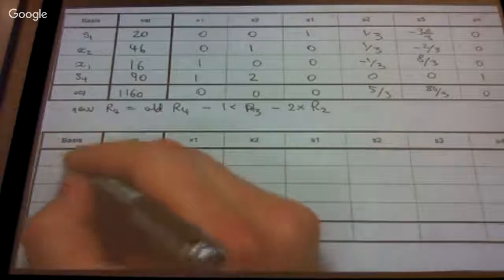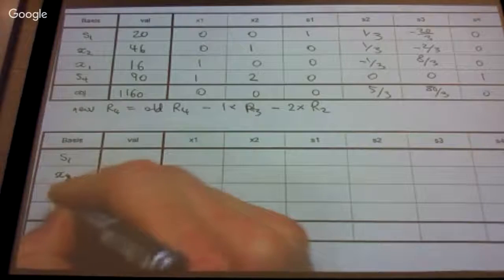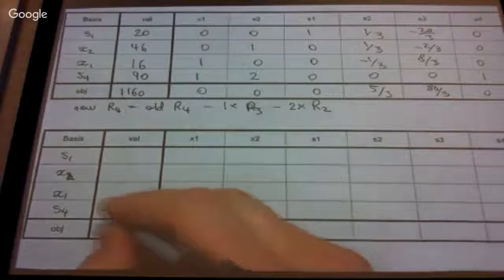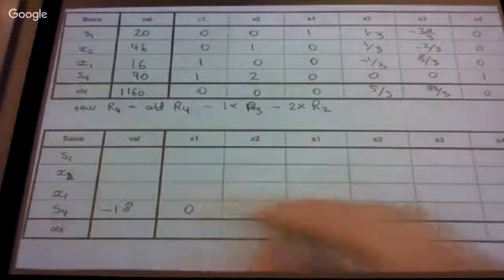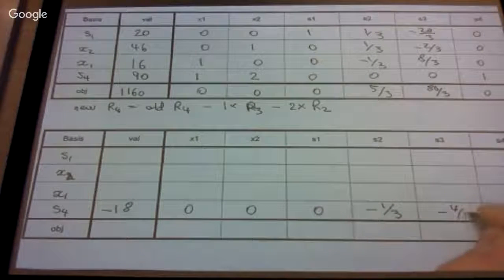So after I've done this, there's S1, X2, X1 and S4 still in the basis. And the only thing that changes is the S4 row, which is going to be minus 18, 0, 0, 0, minus 1/3, minus 4/3, and 1.